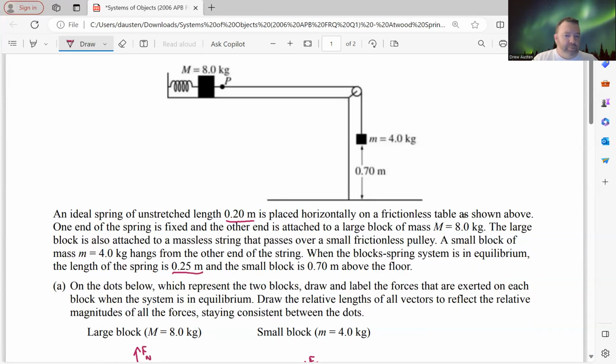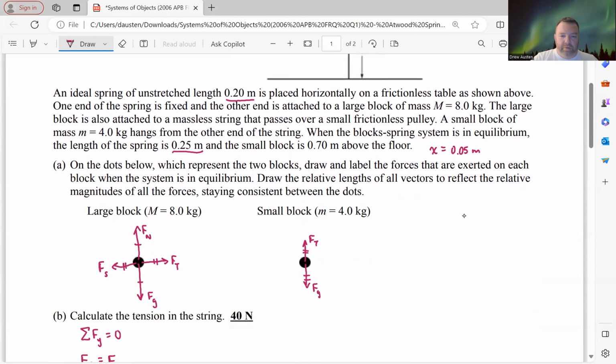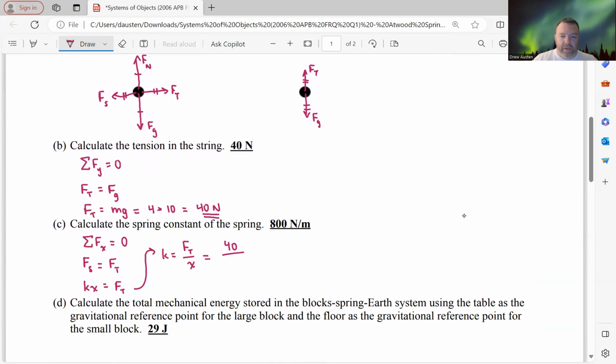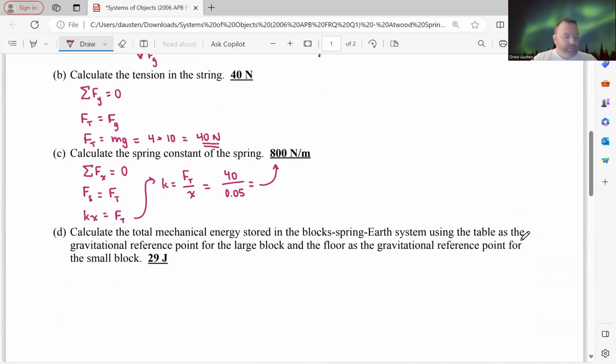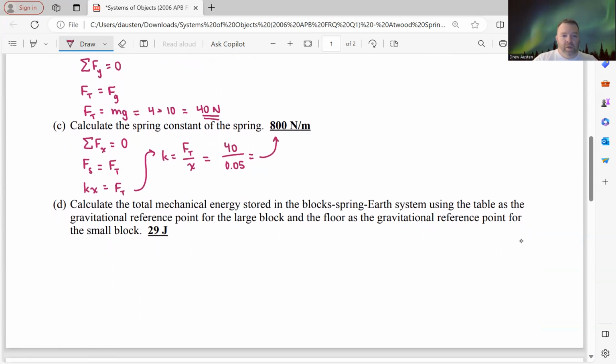So the difference from 0.20 to 0.25 is x. The stretch distance is 0.05 meters. So that's what we'll plug in down here. 0.05 meters, and 40 divided by 0.05 will give you that answer of 800 newtons per meter.